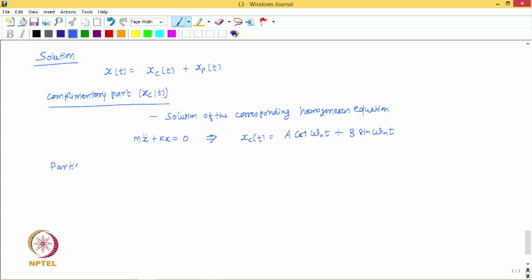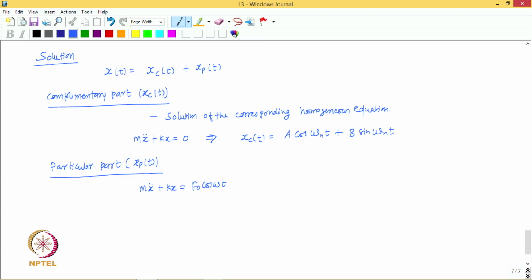Now the particular part of the solution, we find. This particular part of the solution is nothing but a particular solution of the inhomogeneous equation. In our case it was m x double dot plus kx equal to f of t, and f of t is the harmonic force f naught cos omega t, and hence we have this equation.